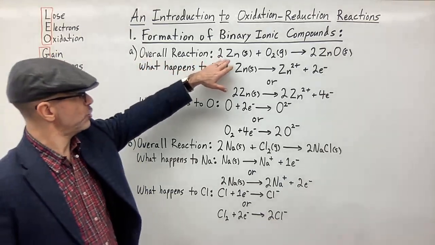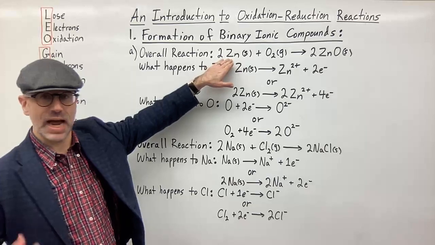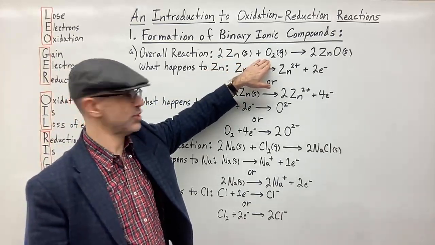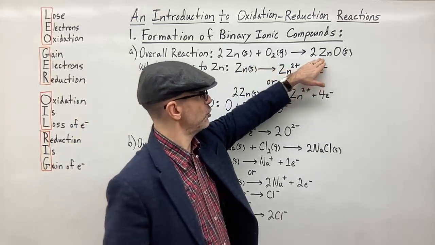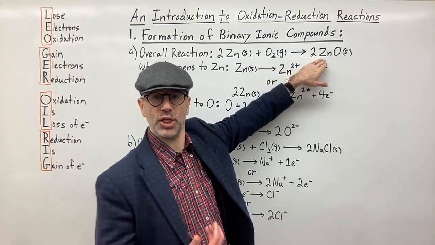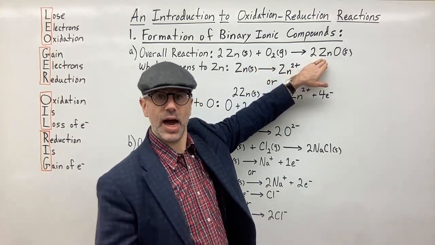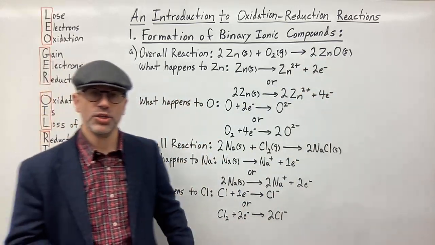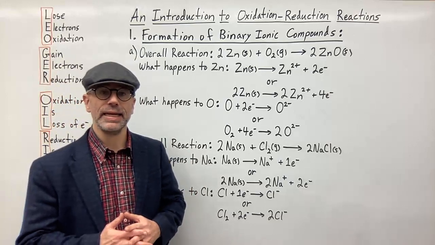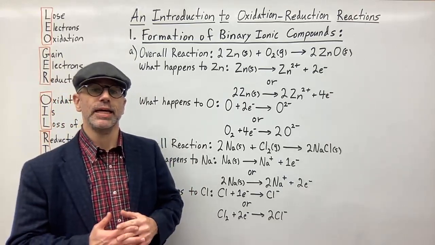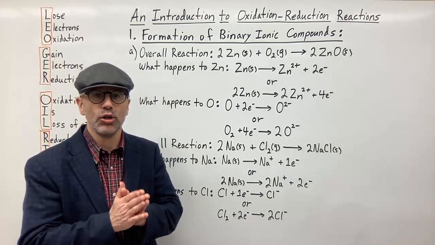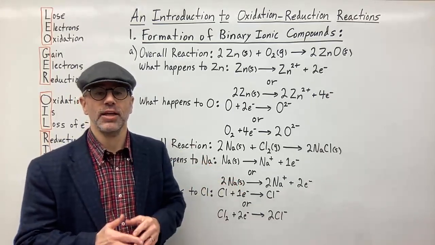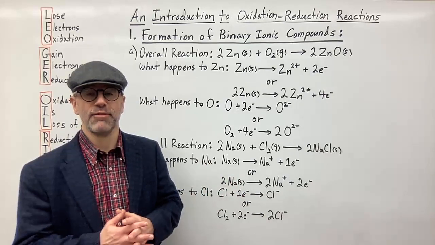I have two atoms of zinc solid reacting with one molecule of oxygen gas to form two formula units of zinc oxide. What you want to do a lot of times when breaking down this reaction is to break it down into what are called its half reactions: the reduction half reaction and the oxidation half reaction.